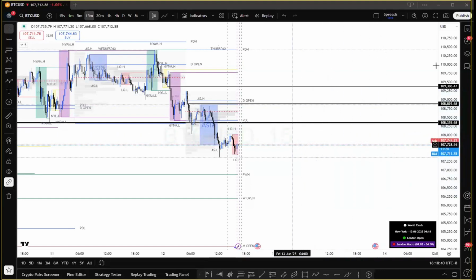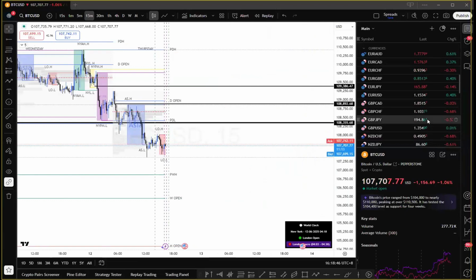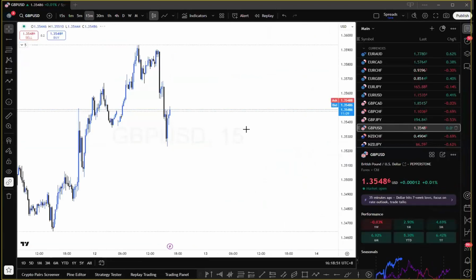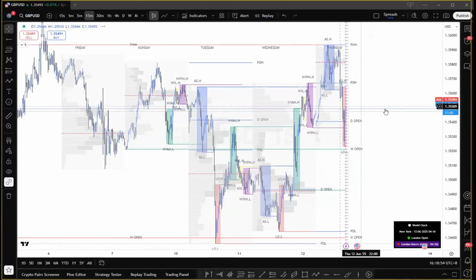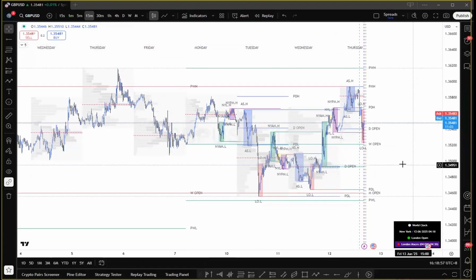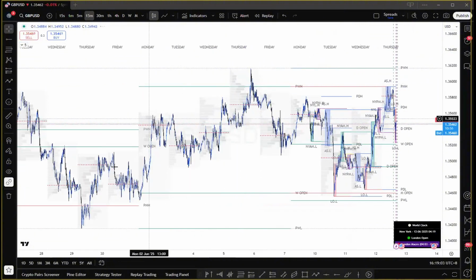Okay, let's look at some currencies that we are trading heavily during this period. Okay, so pound dollar. Okay, so this was Monday's move. Okay, let's talk about last week's move again.